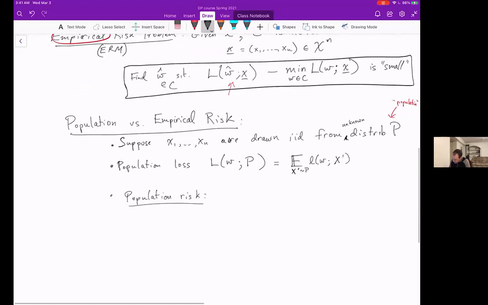So the excess population risk, that's like if I have an estimator W, I will measure its quality, its badness, its error, by how much worse it is than the best parameter vector for the population as a whole.